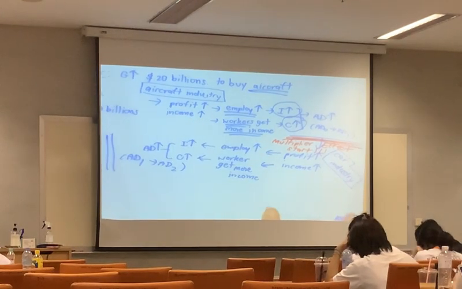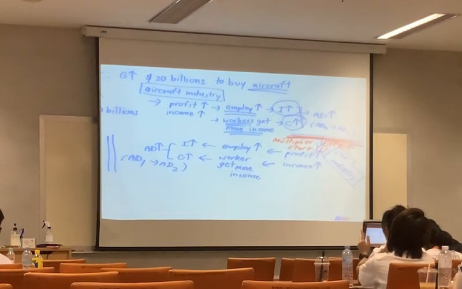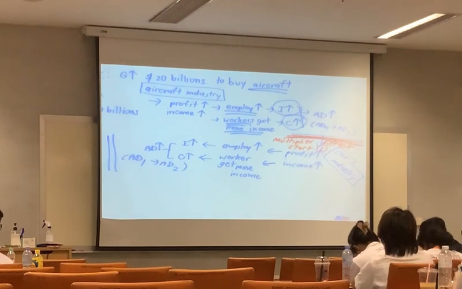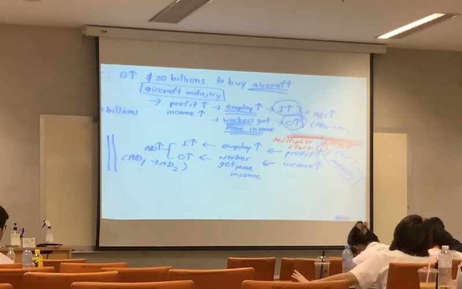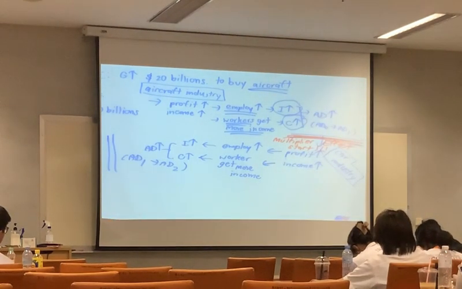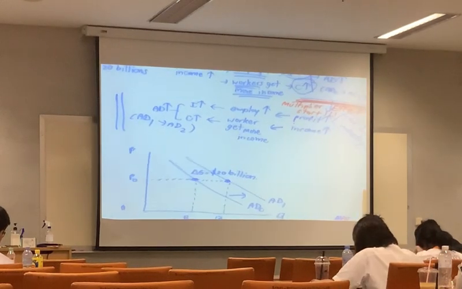You can go to your graph and shift the AD curve a second time. This shift comes from the multiplier effect. The way to explain the multiplier effect is not difficult. You just shift AD further.